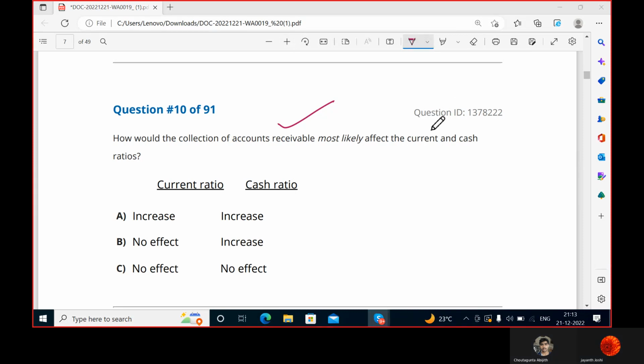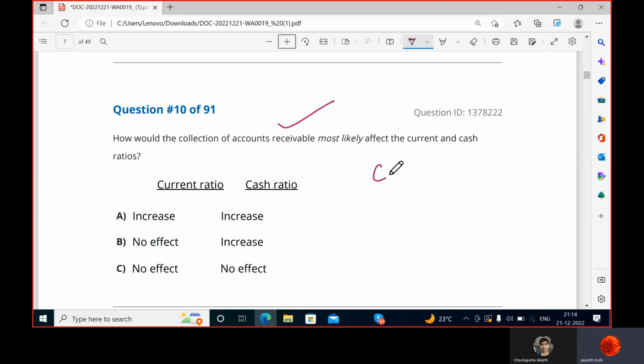Yeah, Abhijit, what's the answer? A. A, option for C. So, how would the collection of account receivable most likely affect the current and cash ratios?